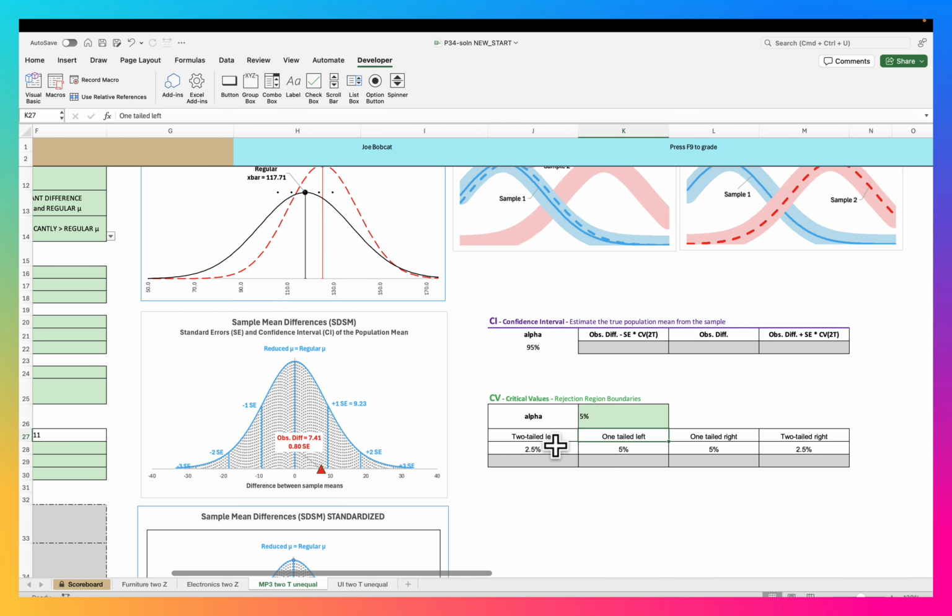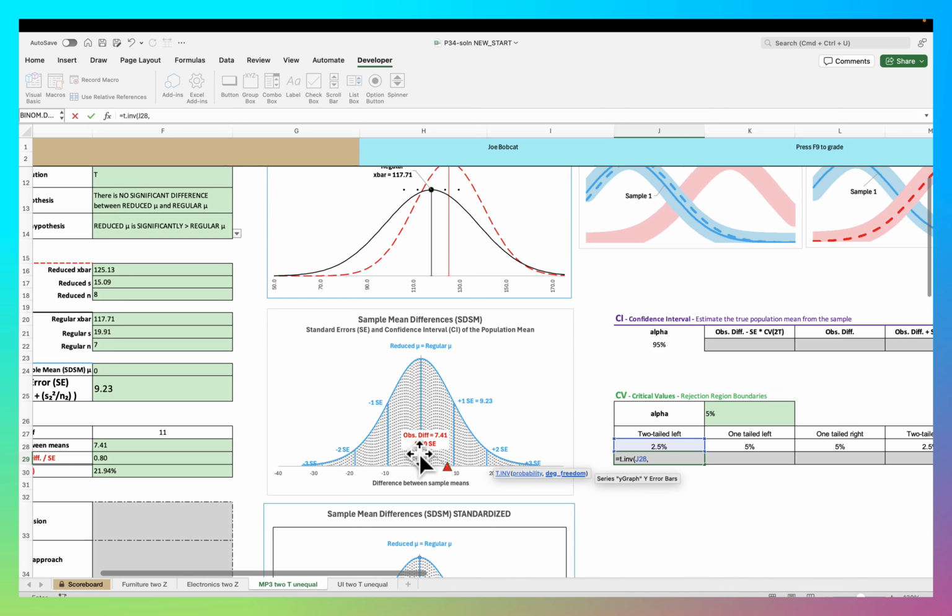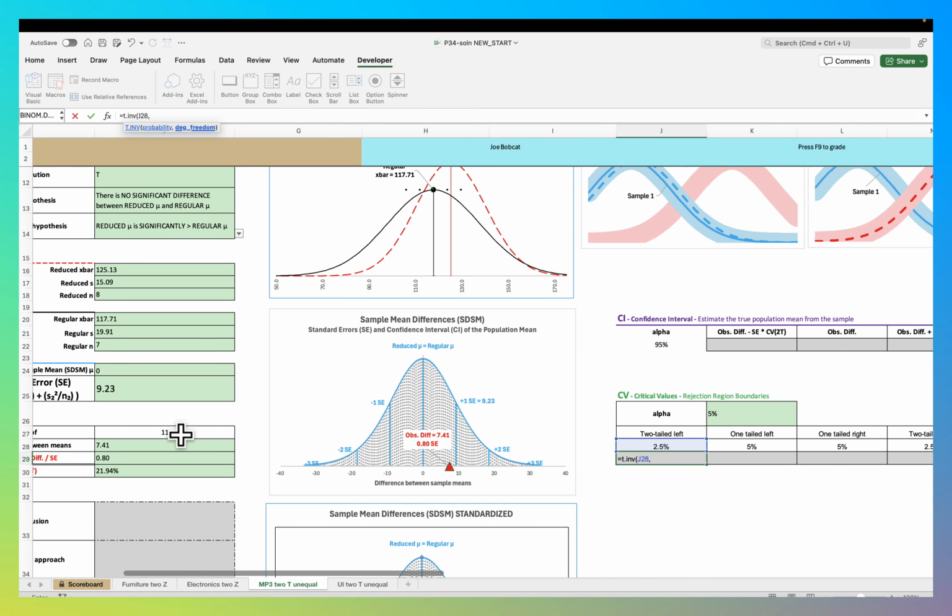Alpha is 5%, and what's nice is we always do these the same way, so once you get the hang of this, you should be good. Except, because it's a t-test, instead of norm, it's going to be t.inv of that number with the degrees of freedom, which was this number here, the 11. Unless I lock the 11, I won't be able to copy it across, so I'm going to lock the 11.